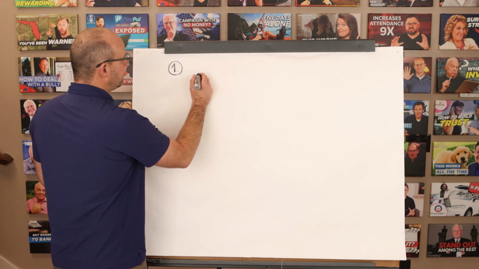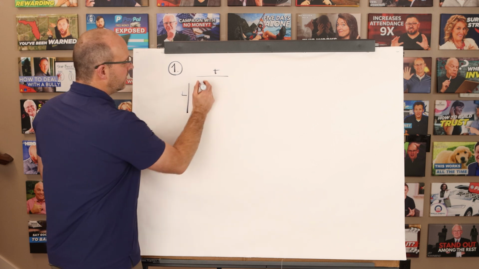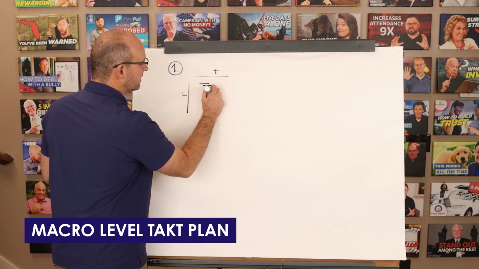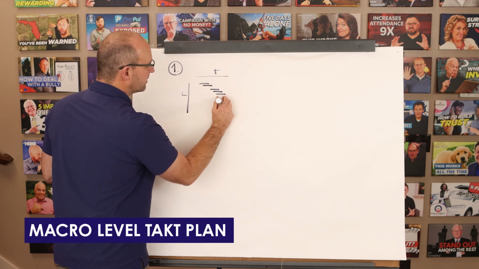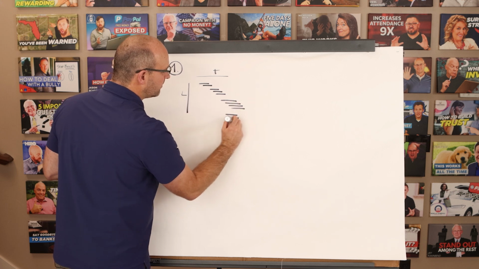But this is key. What we want to do is create in a time by location format what's called a macro level takt plan. And this is going to show you the entire project strategy all on one page.